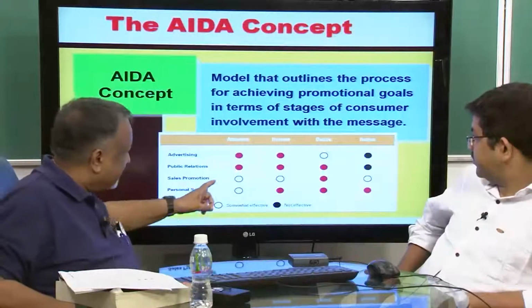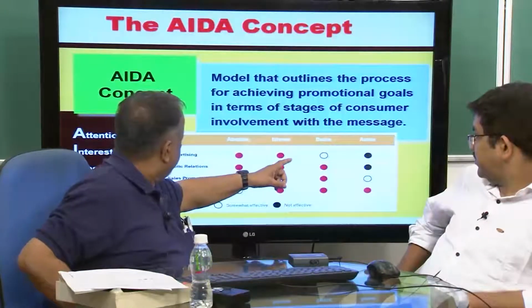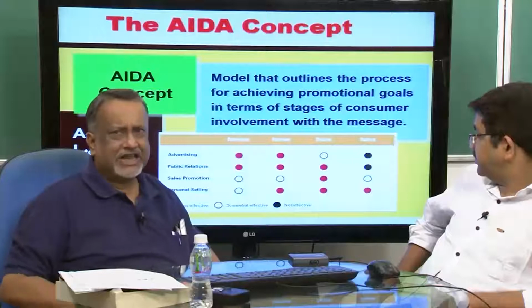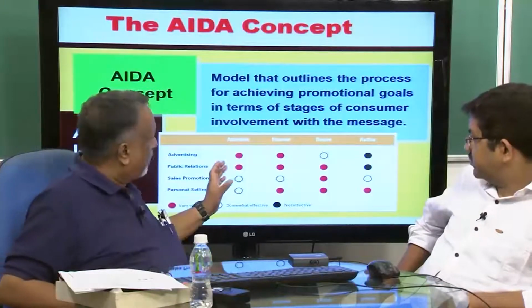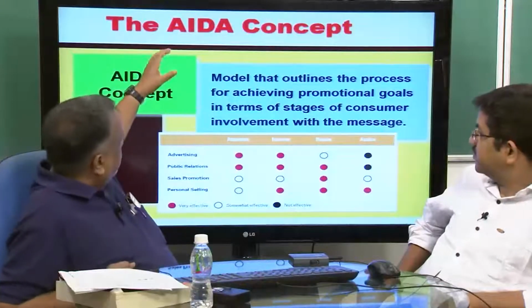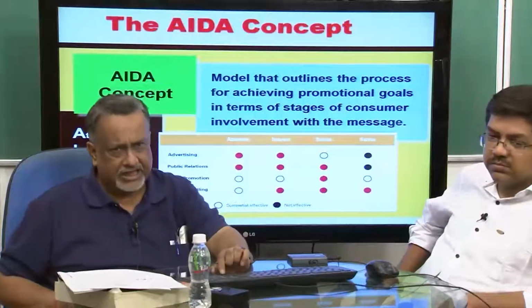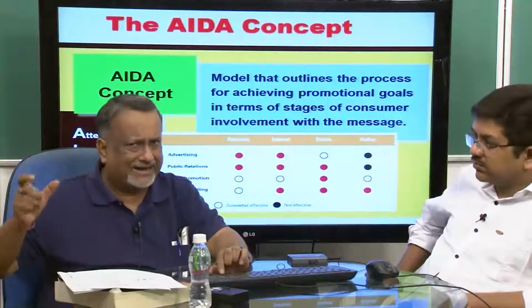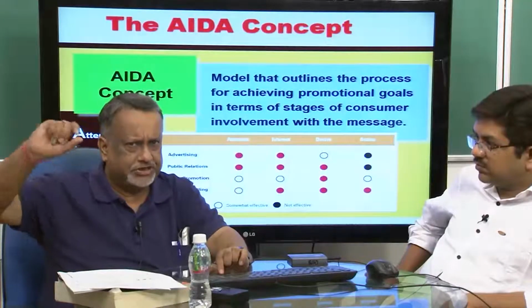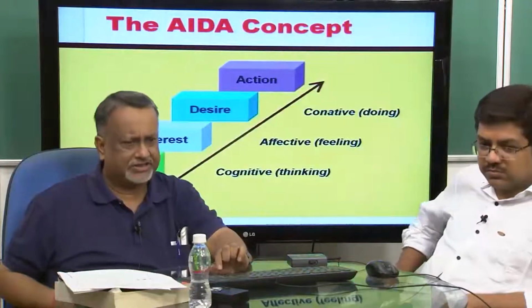At that stage when the final decision is being made, advertising or public relations does not play much of a role. So, as you go along the buying process, the marketer's promotion strategy has to be tuned to the purchaser stage.